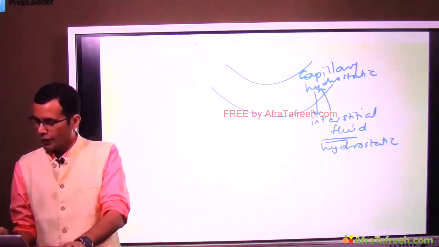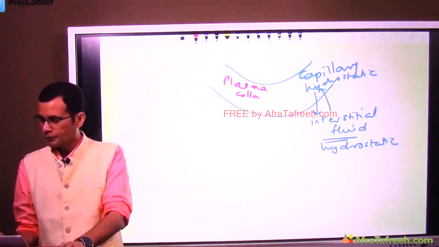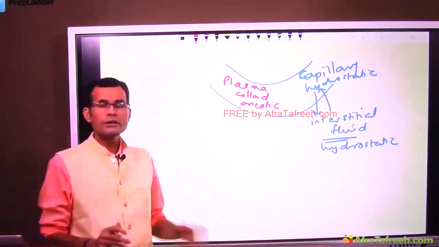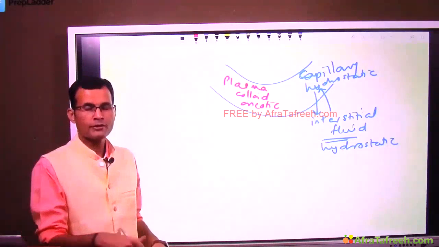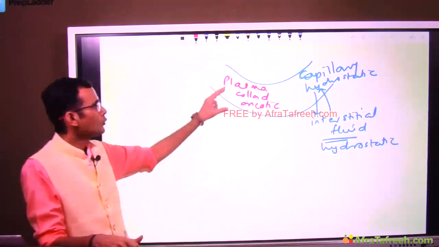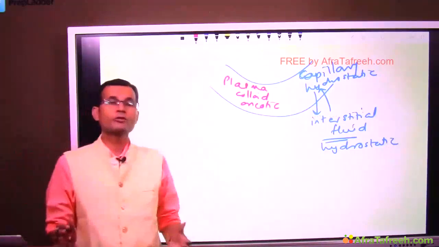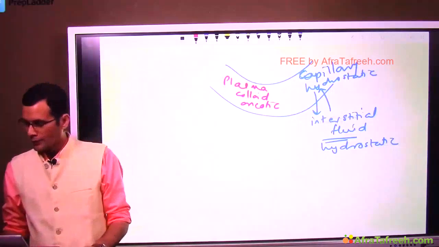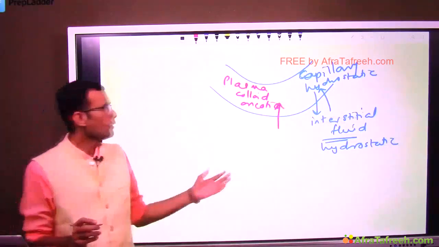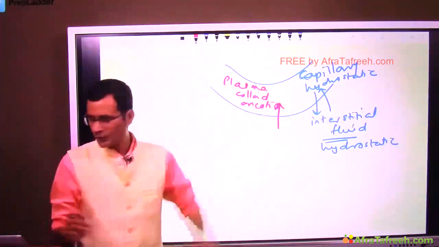Then we also have plasma colloid oncotic pressure, or osmotic pressure. Here is a force which is exerted by the proteins. Plasma proteins are exerting plasma colloid oncotic pressure, a force that pulls the water towards it by osmosis. So plasma colloid oncotic pressure will pull the water or filtrate back into the capillaries.